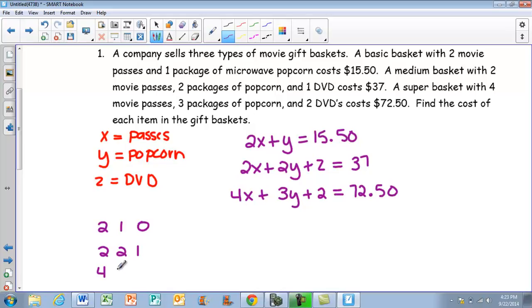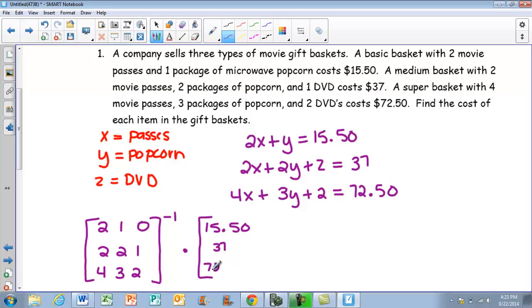And then I have 4, 3, and 2. Remember, you're just pulling the coefficients from in front of each of the variables. So we are going to take the inverse of this matrix and multiply it by the answer. So by 1550, 37, and 7250 to find the cost of each.